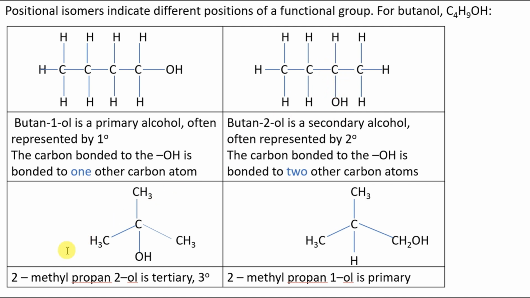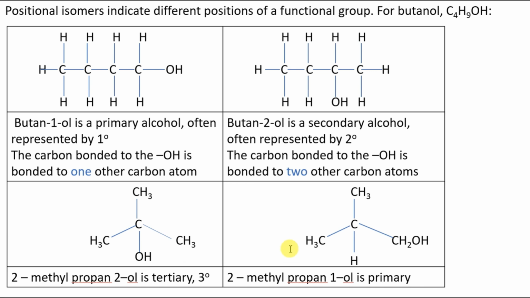No more possibilities with a straight chain of 4, we move to a straight chain of 3. If I've got a straight chain of 3, then I'm really dealing with a structure based on methylpropane. My OH could go on carbon number 2 to give me 2-methylpropan-2-ol. This is tertiary. The carbon bearing the functional group, the OH, is bonded to 3 other carbons.